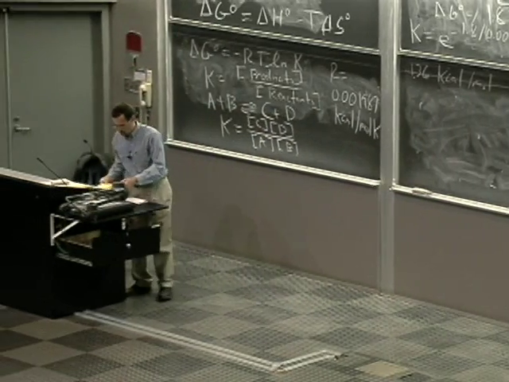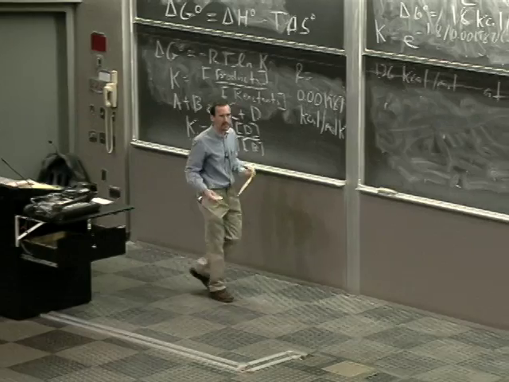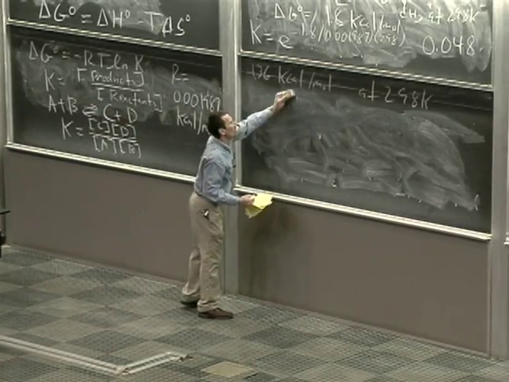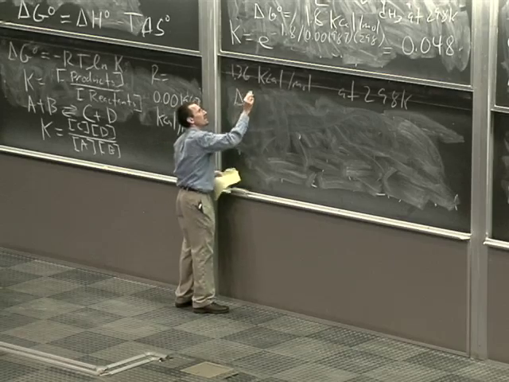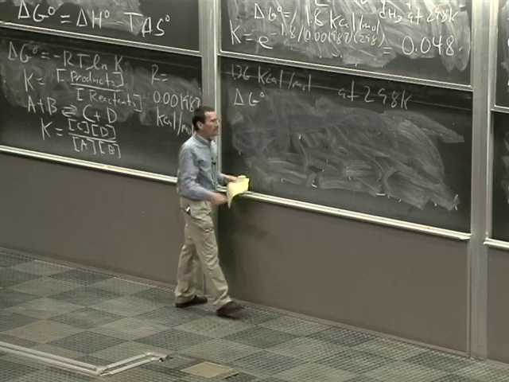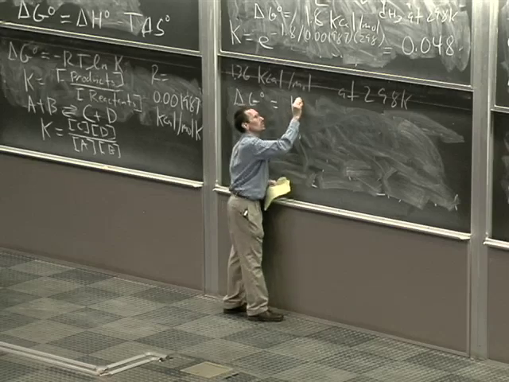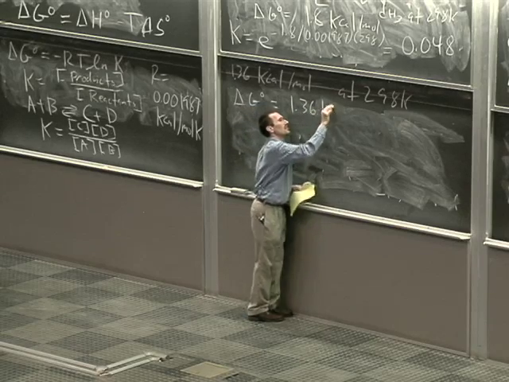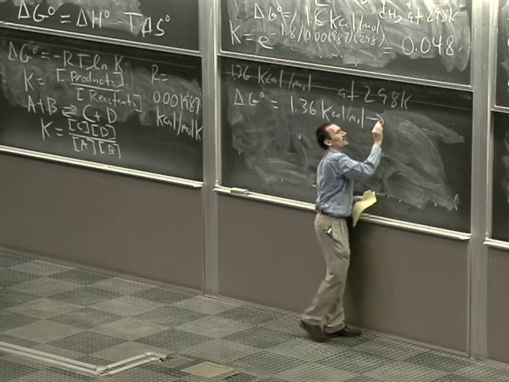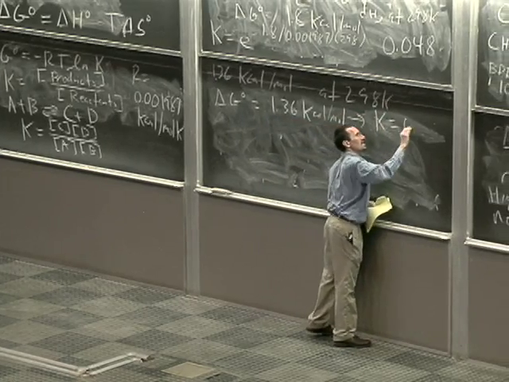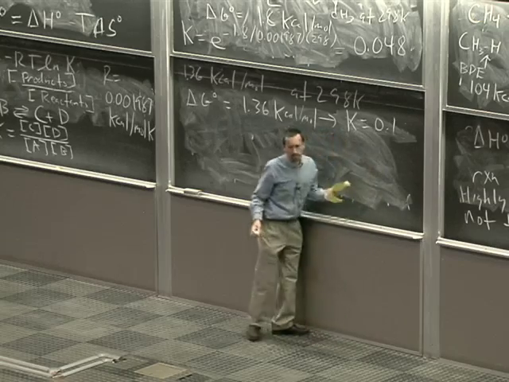That corresponds to an equilibrium constant of 10 or 0.1, depending on whether you're positive or negative. In other words, delta G naught equals 1.36 kilocalories per mole leads to K equals 0.1.